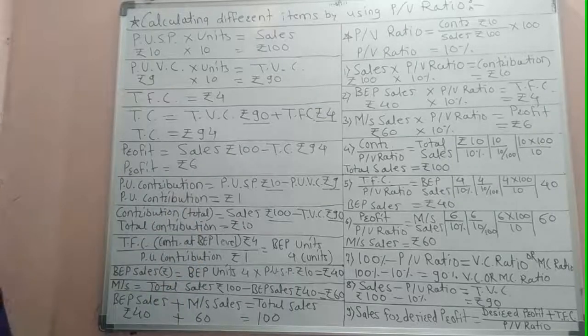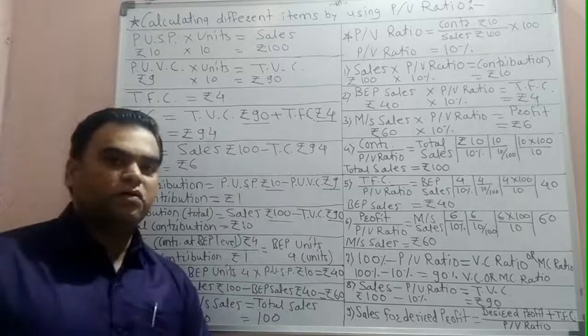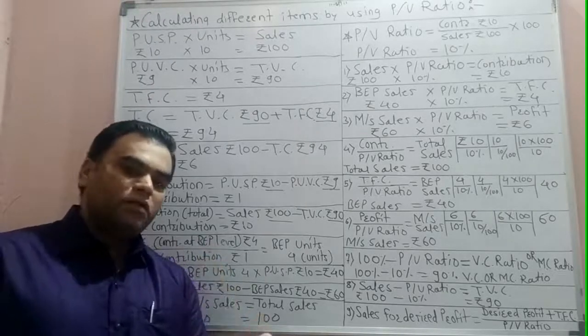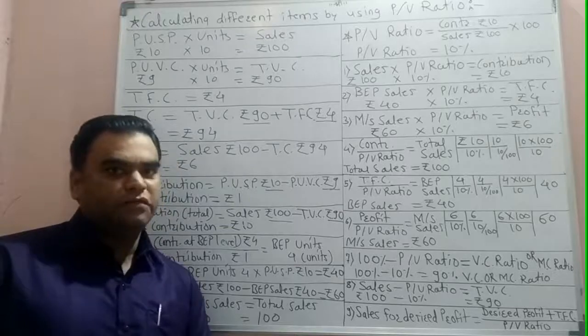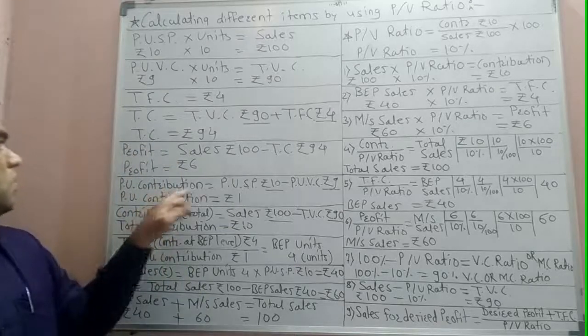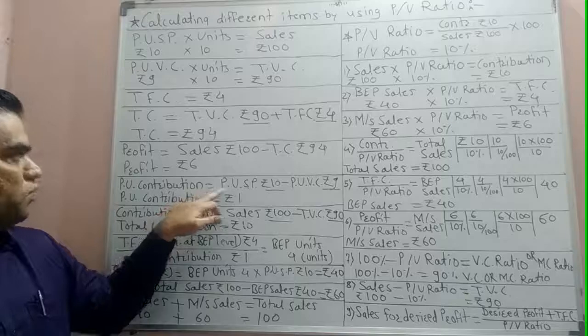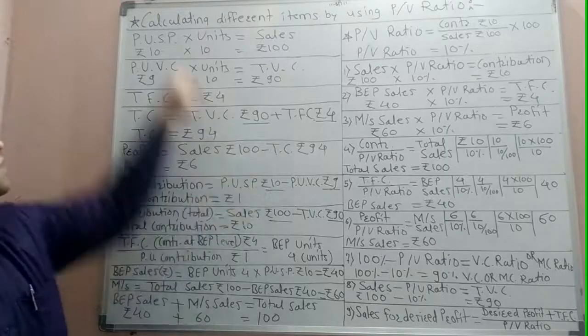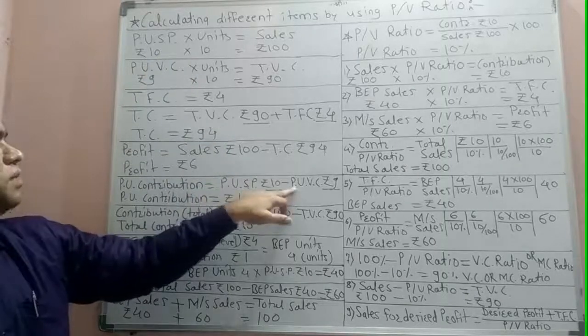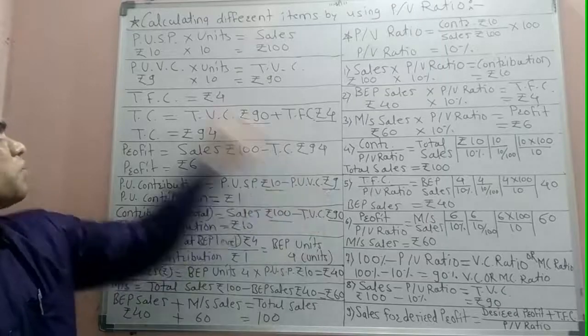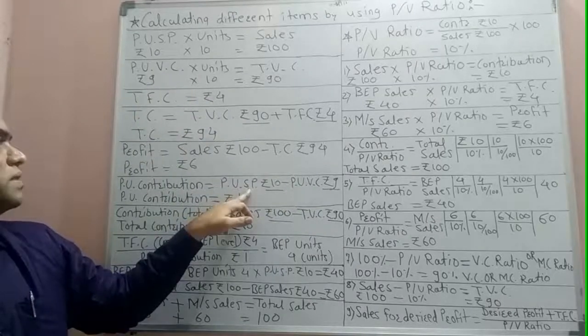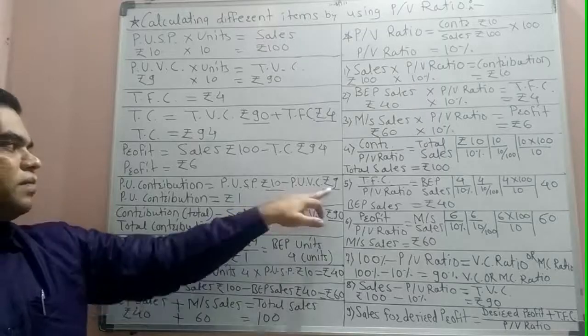Next, what will be the per unit contribution? As we know, per unit selling price less per unit variable cost. So per unit contribution is per unit selling price, rupees 10, less per unit variable cost, rupees 9.